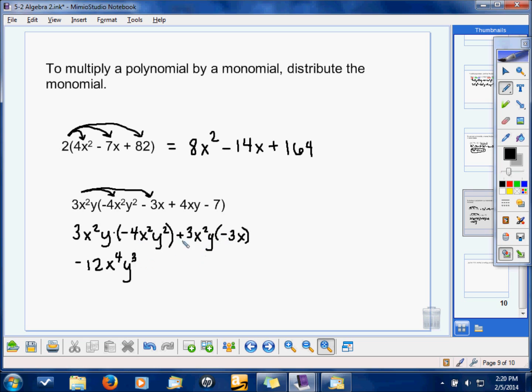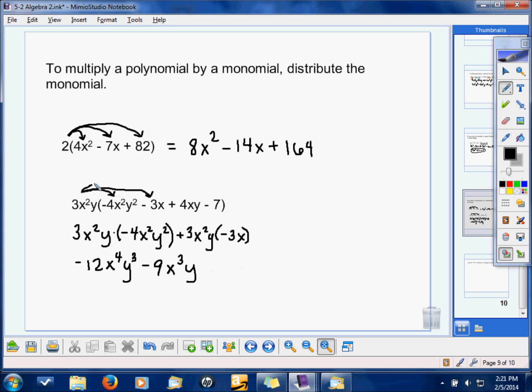So the number part is negative 9. You multiply the coefficients. X cubed, y, because you have 2 here and 1 more here, that makes 3, and a y.